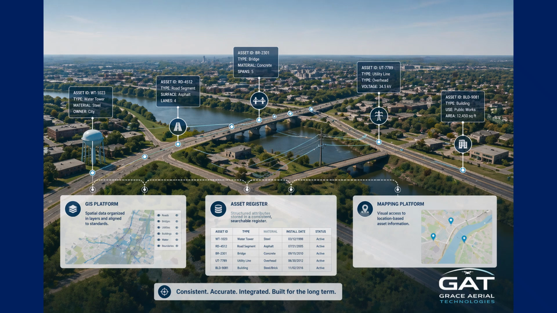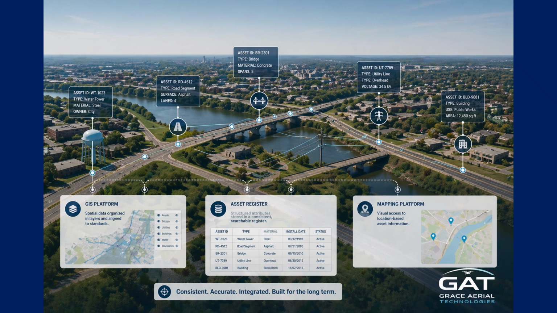And with that, you have to understand the GIS layers and public works mapping. Geographic Information Systems, or GIS, organizes infrastructure data into layers. Each layer represents a specific class or data set. So, roads, utilities, signage, drainage, or right-of-way boundaries.